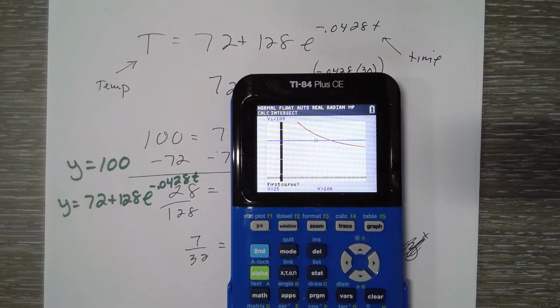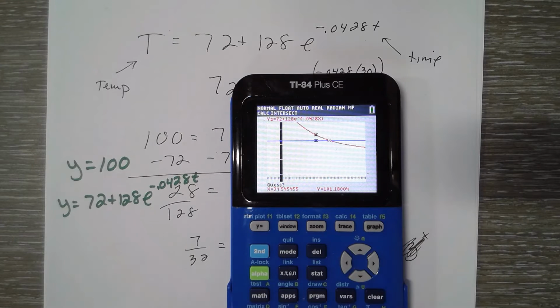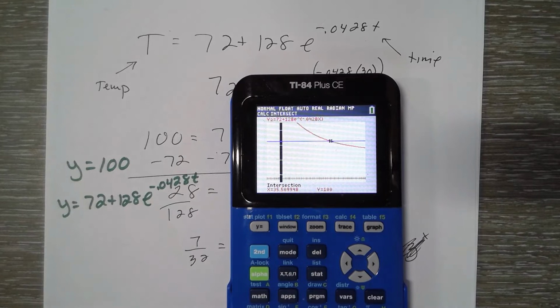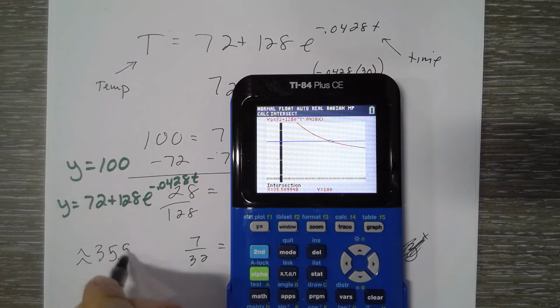We only have 2 curves. I'm just going to hit enter. Second curve, hit enter. Put it on top of where you think they intersect. Hit enter. And what do we get? 35.5. About 35.5 minutes.